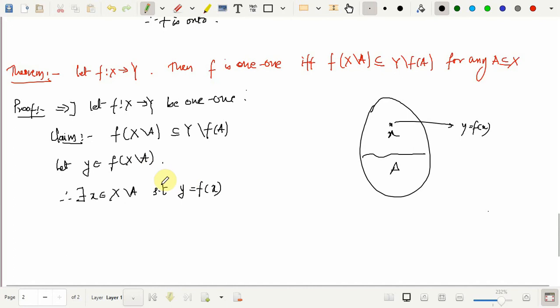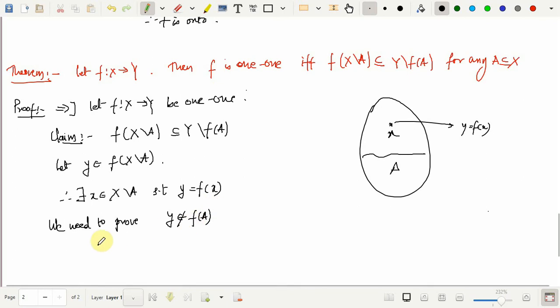Definitely this y belongs to f of X difference A, by the definition of image of a subset. Now you need to show that this y is not in f of A. Then you are done. So we need to prove y does not belong to f of A.